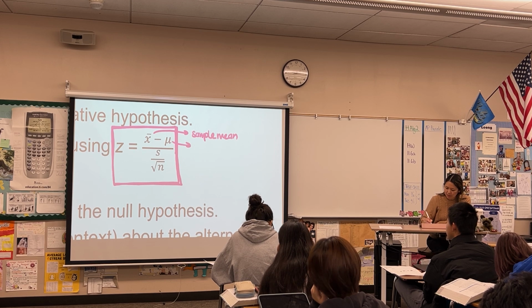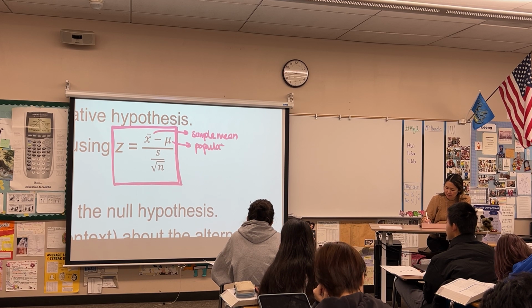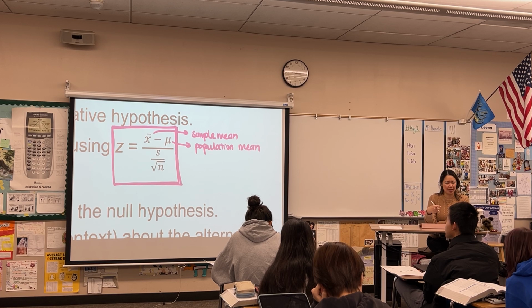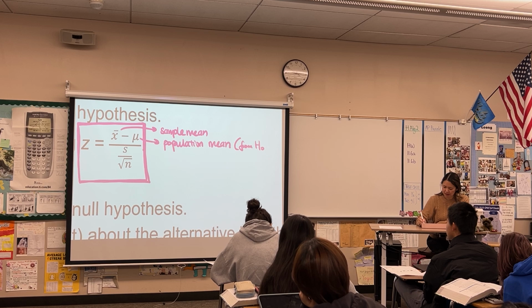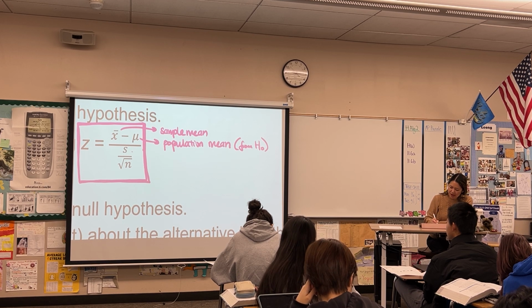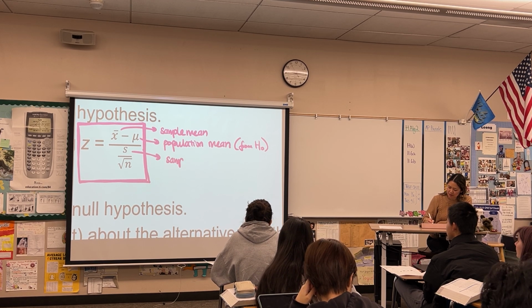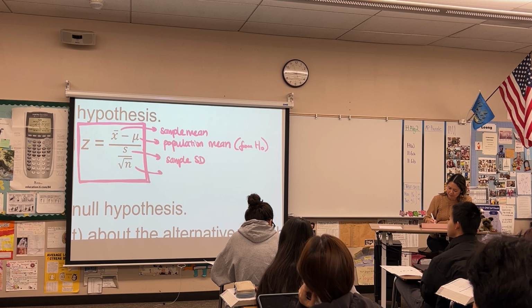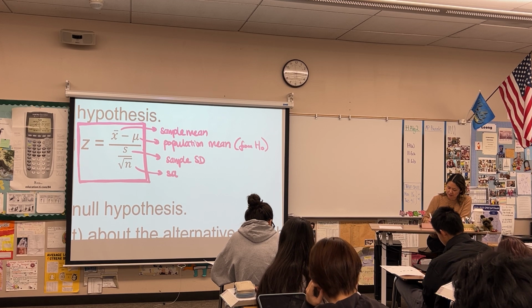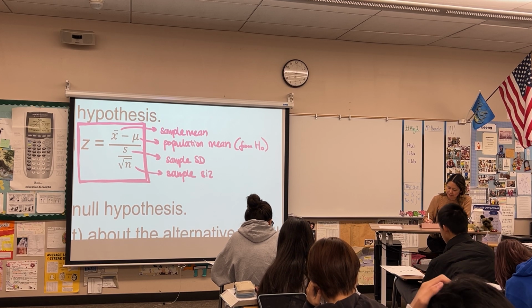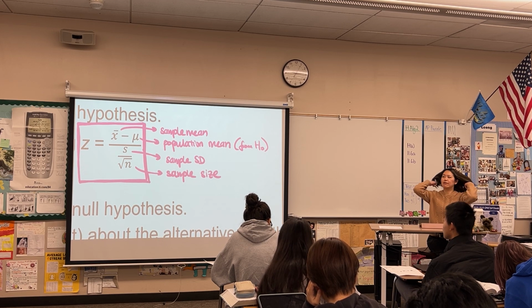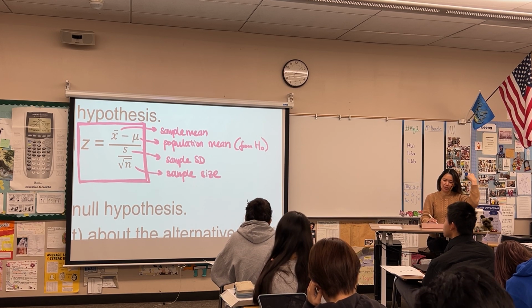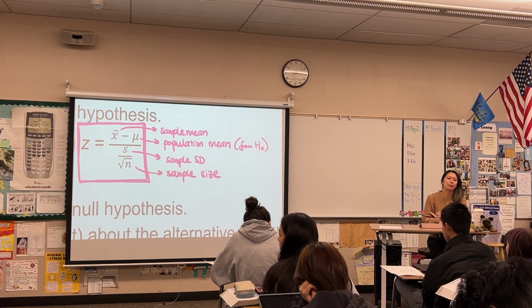This one is our population mean, and this is going to come from the null hypothesis. The s is going to be your sample standard deviation, and n is still your sample size. So same variables as your confidence interval, just this one we get from the null hypothesis for the population mean.